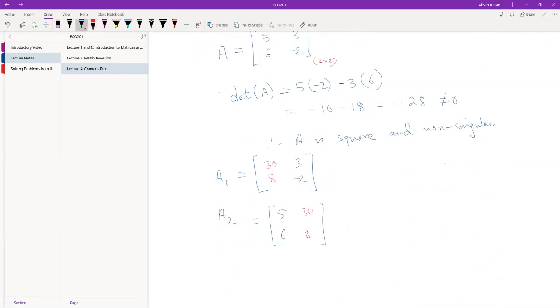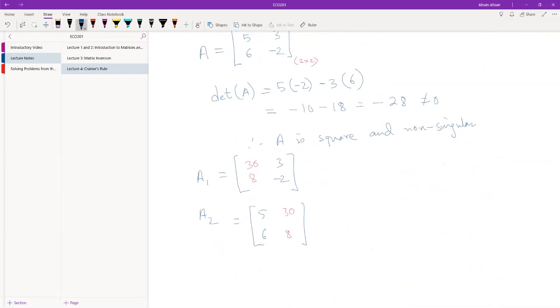And now let's calculate the determinant of A1 and A2. So the determinant of A1 is 30 times minus 2 minus 3 times 8. So this is minus 60 minus 24, minus 84.